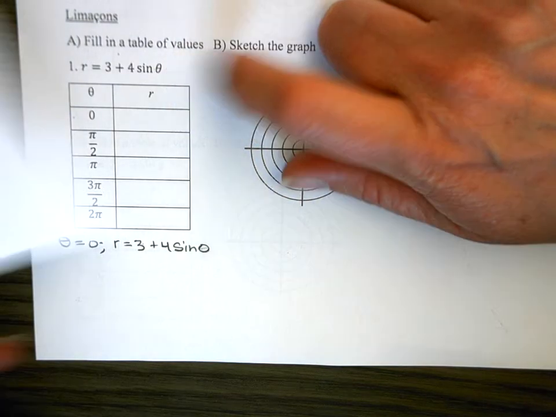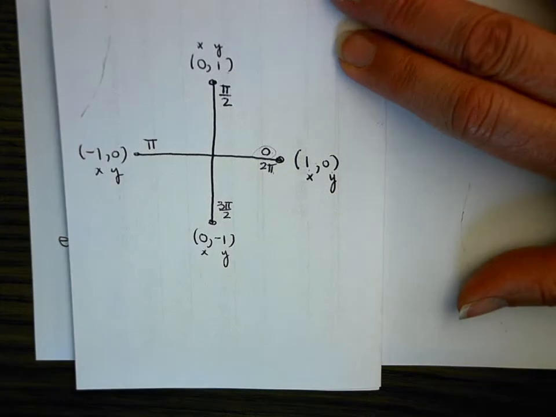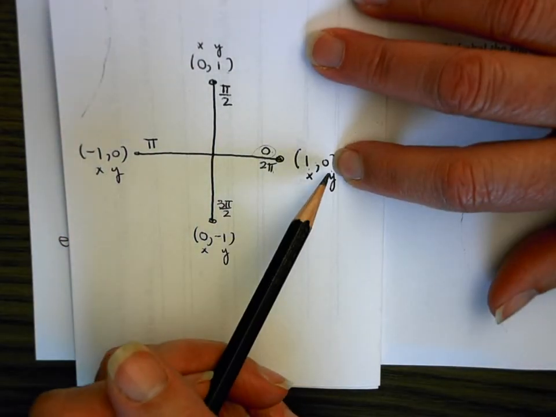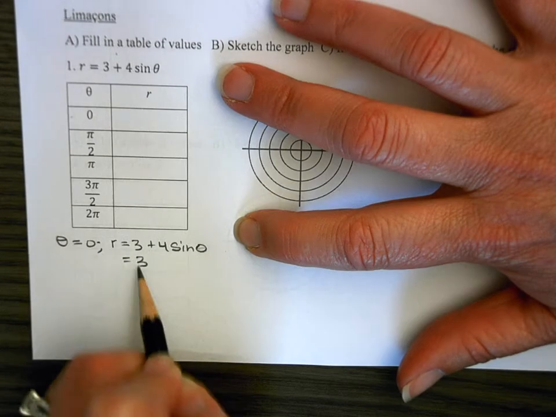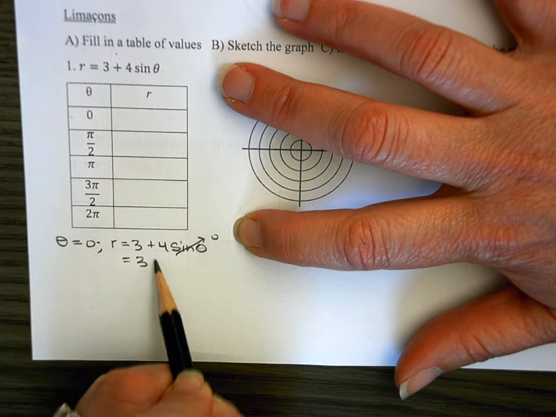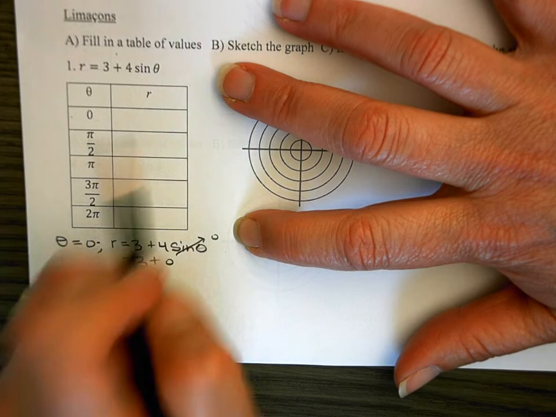So we're just looking at our unit circle here, but I just have the quadrantals. I know sine is my y value, so when theta is 0, my y value is 0 as well. So then this would just be 3 plus 4 times 0, because this guy right here is 0. So when theta was 0, r is 3.